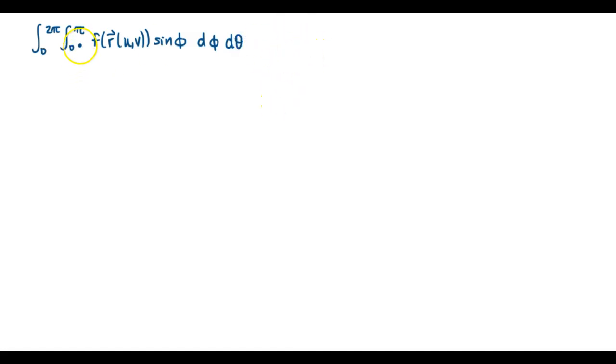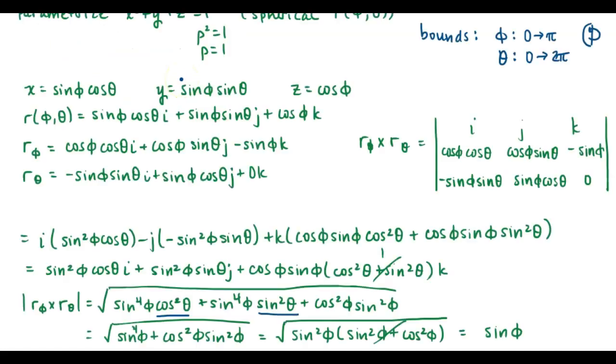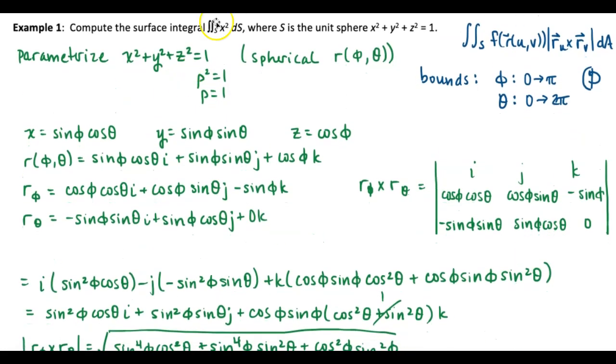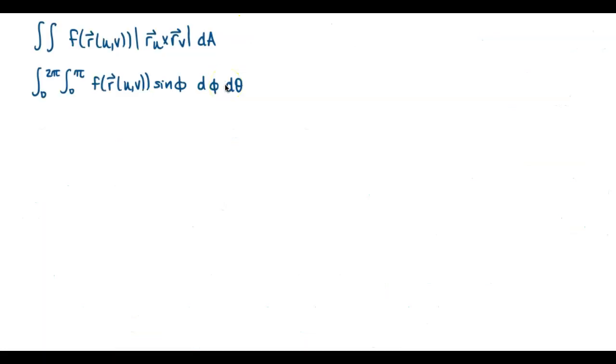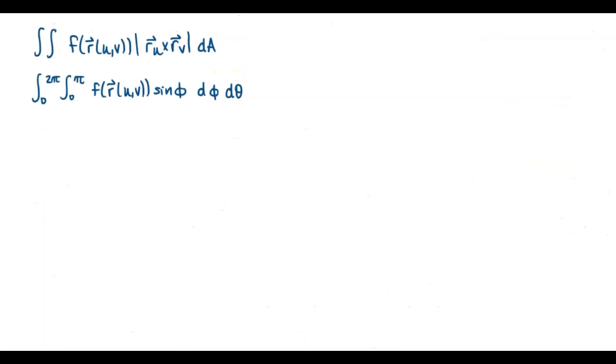Now our original integral had an integrand of x squared. So originally this was an x squared dS. And so how do we parametrize this? Well, we've got an x squared. Didn't we say that x is equal to rho, which is 1, times the sine of phi times the cosine of theta?